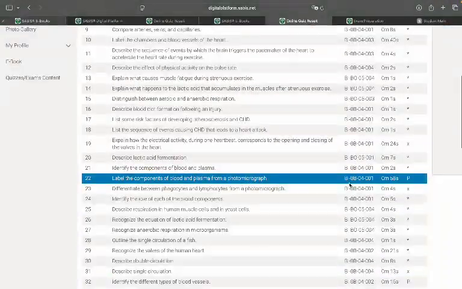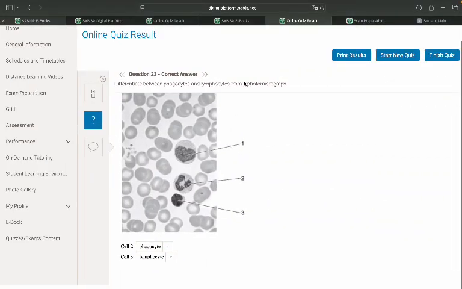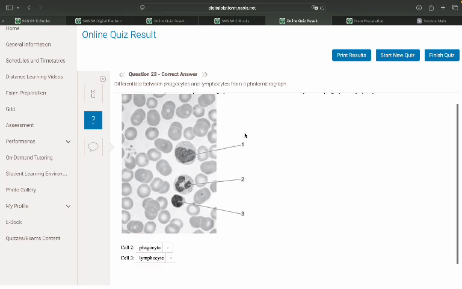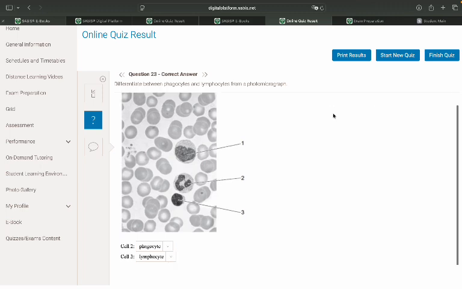Now, these are selected questions I picked because I know they're quite the ones you need to memorize for sure. They can be a bit complicated with the photographs they give you. Now, here they've shown white blood cells. Now you have to identify them as phagocytes or lymphocytes. In my opinion, just memorize these diagrams because there's not much mentioned about them in the book, so it's best if you get them from the quiz.